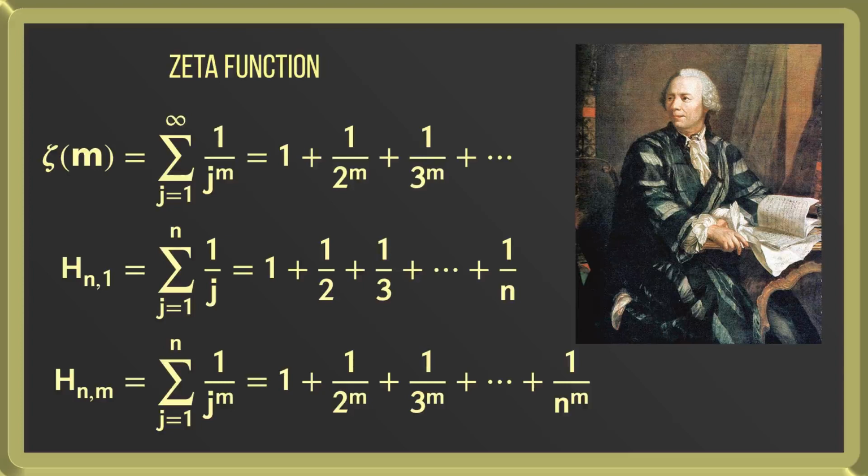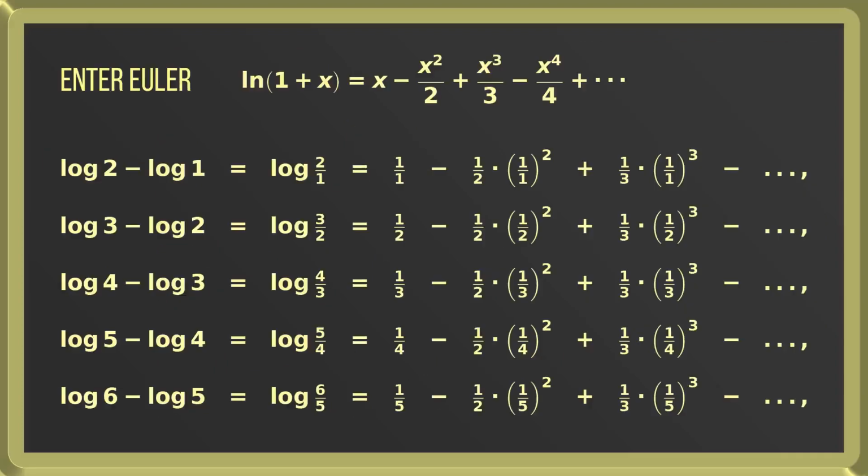This result essentially tells us that the harmonic series is of the order of logarithm of n. He proves his result by using the expansion of the function logarithm of 1 plus x, which was found by Nicolas Mercator, circa 1620 to 1687, in 1668.